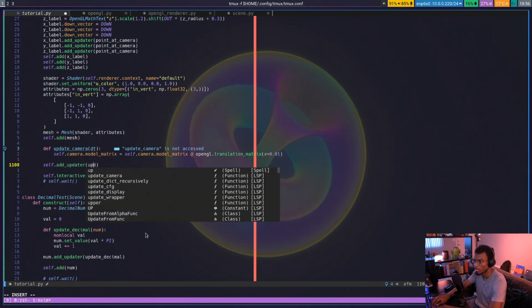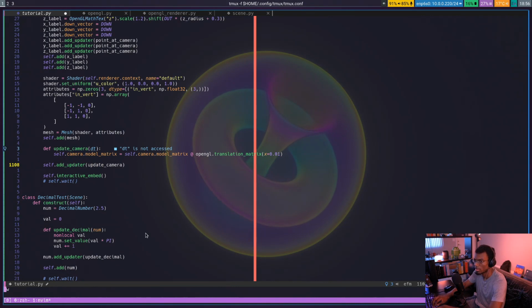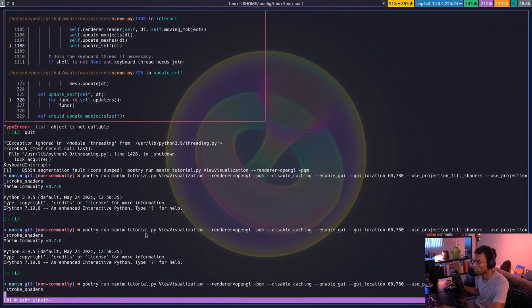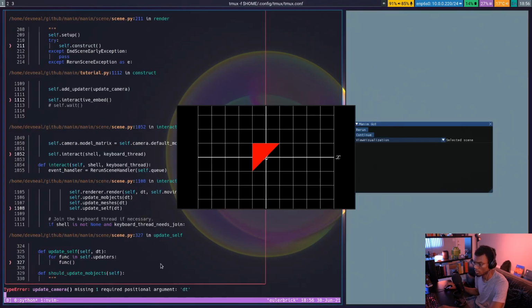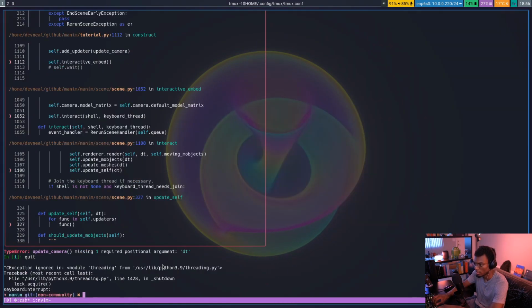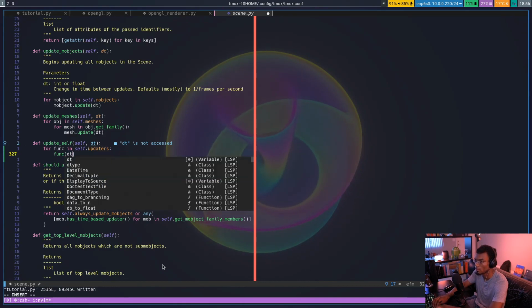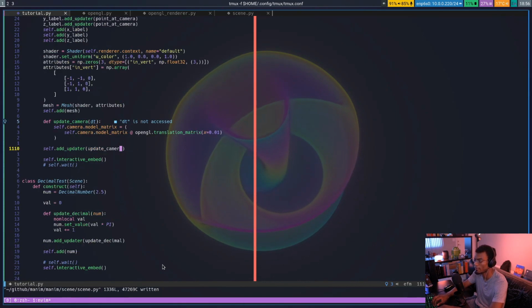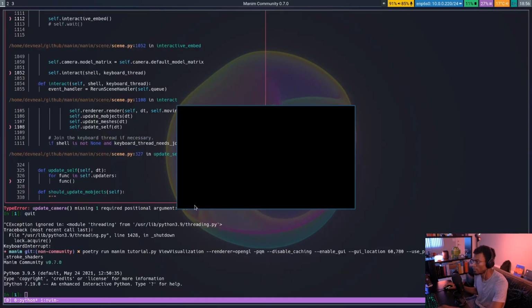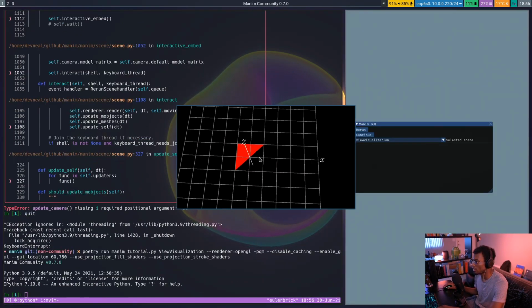What this should do is shift the camera. And it's not doing that because I'm not passing dt. Okay, now it's doing that.